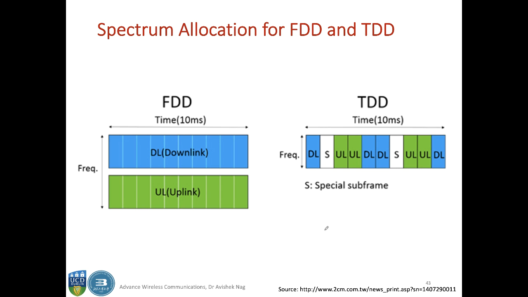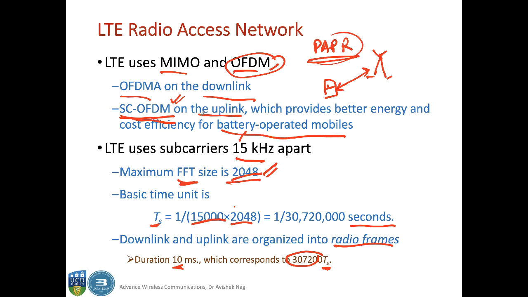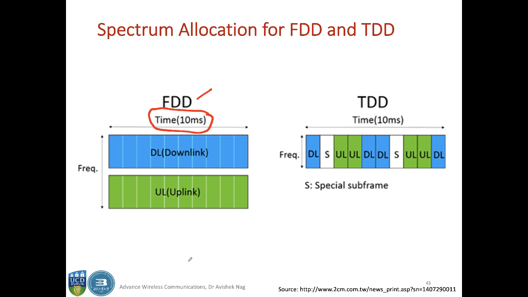Talking about FDD and TDD, this is what is meant. In case of FDD, you are using the entire radio time frame of 10 milliseconds. The radio frames are of duration 10 milliseconds, so in FDD you are using the entire frame for downlink.